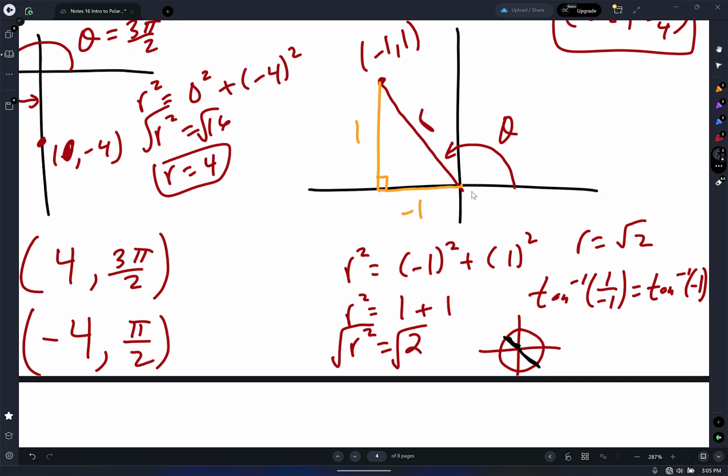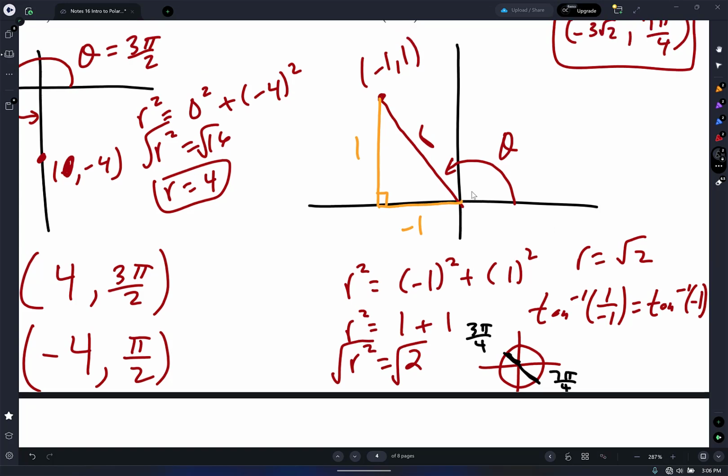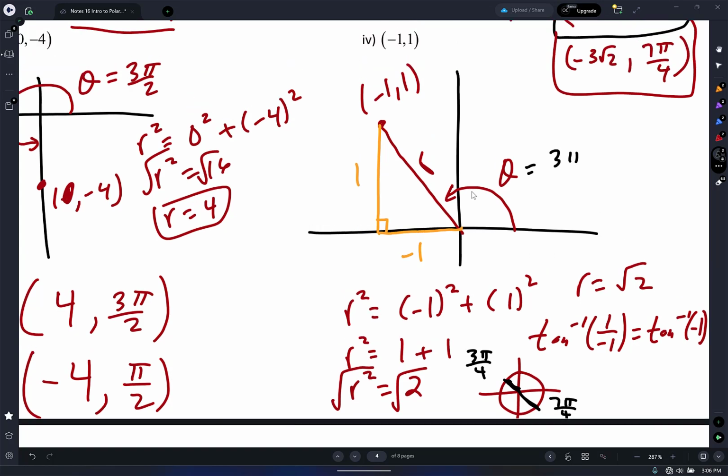There's 2 of them. One in quadrant 2 and one in quadrant 4. Give me the radian in quadrant 2. 3 pi over 4. What's the one in quadrant 4? Which one are you going to use? Why? Because you're in quadrant 2. See? So that is 3 pi over 4.